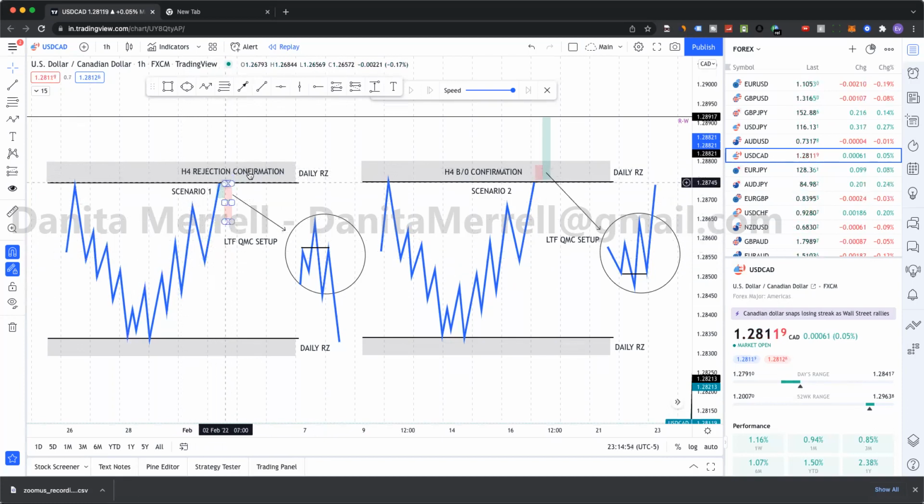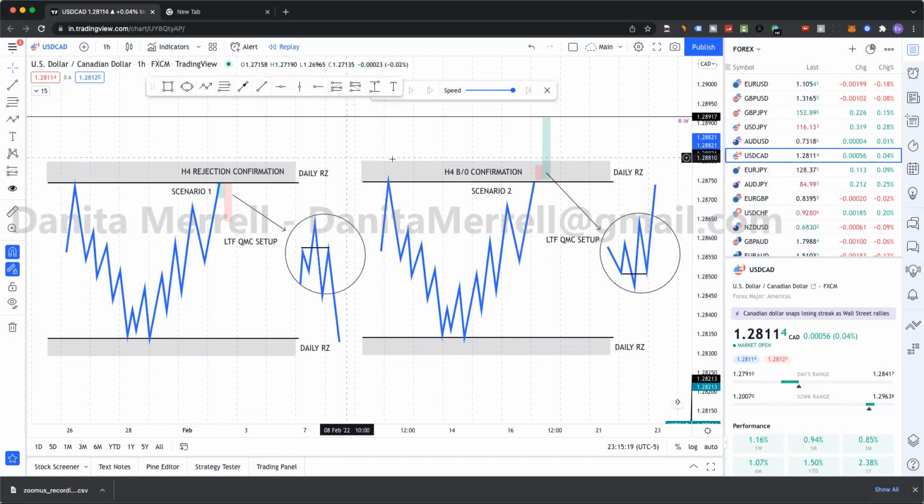They're not waiting for any sort of confirmation. This here needs to close outside of the rejection zone. If there's an engulfing inside, it doesn't count. It has to close outside of the rejection zone or outside of the supply candle. So in this case, we have to wait for the H4 rejection, then look for the setup on the lower time frames.